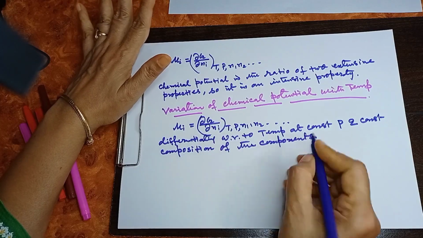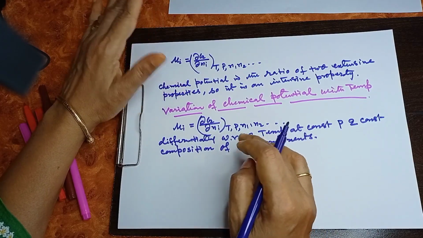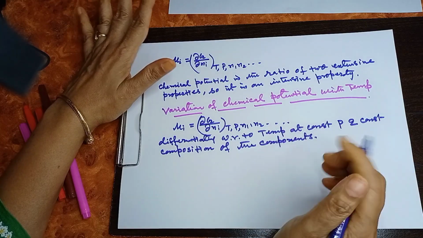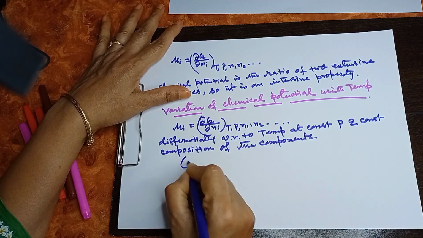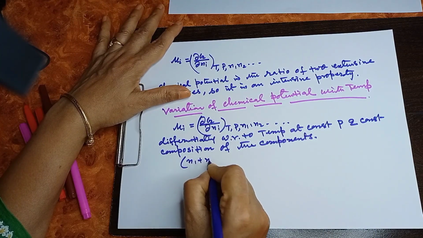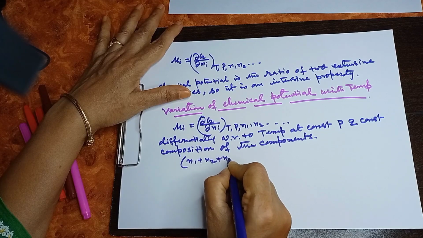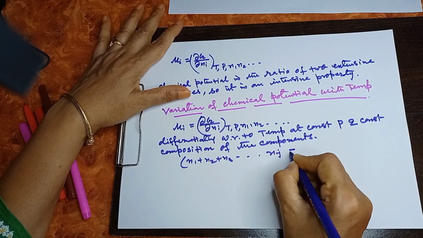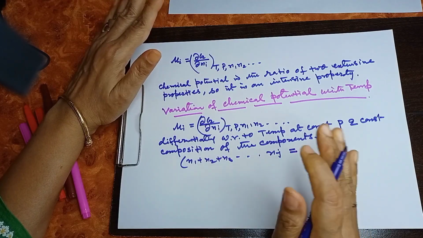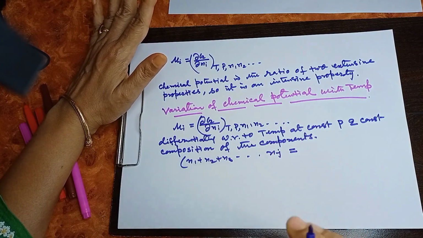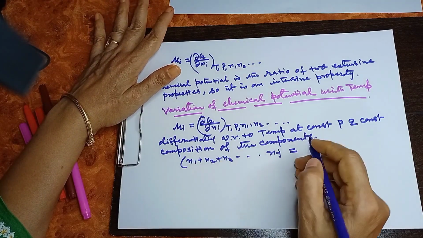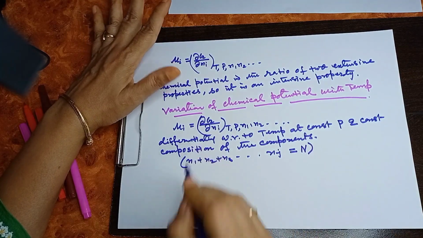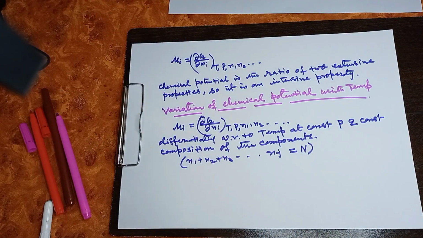Say these are the number of components 1, 2, 3, 4 whose numbers of moles are N1, N2, N3 like that. We are considering that N1 plus N2 plus N3 up to Nj is the total composition, the total number of moles of all the components, say N. So we differentiate this one.